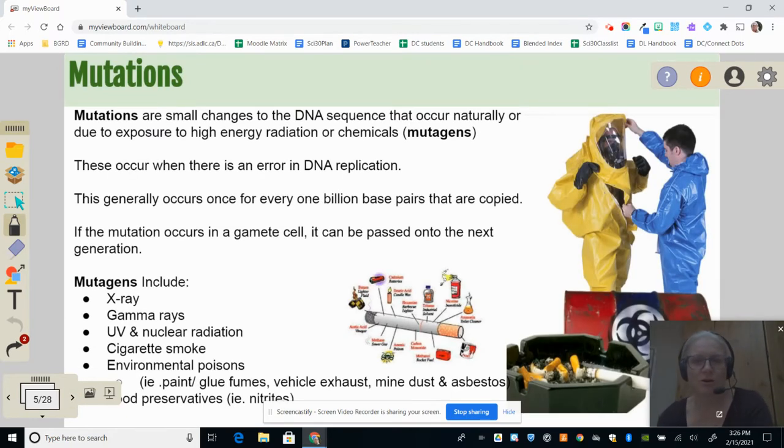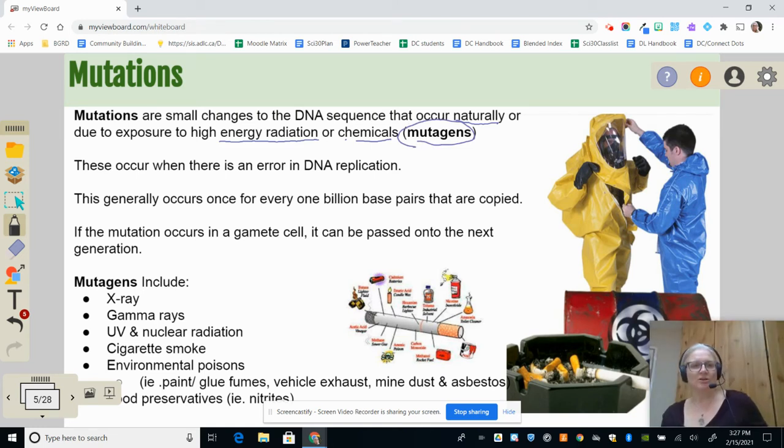All right, so what are mutations? Mutations are small changes to the DNA sequence that occur naturally. But they also occur with more frequency when your body or cells are exposed to high energy radiation or chemicals. We refer to these substances that cause mutations as mutagens.